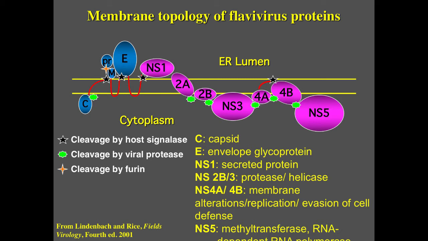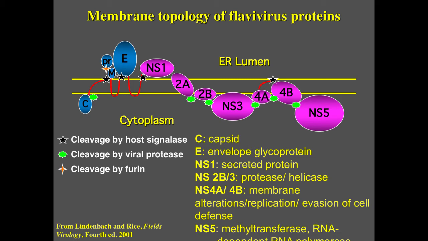So NS2B and NS3 are the viral protease. NS5 is extremely important and is a methyltransferase and RNA-dependent RNA polymerase. This is the enzyme responsible for copying the viral nucleic acid into the negative strand and then back into the positive strand RNA genome.